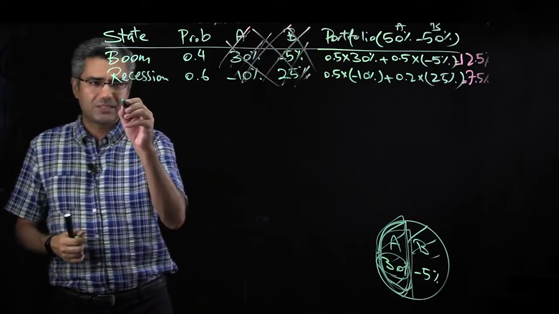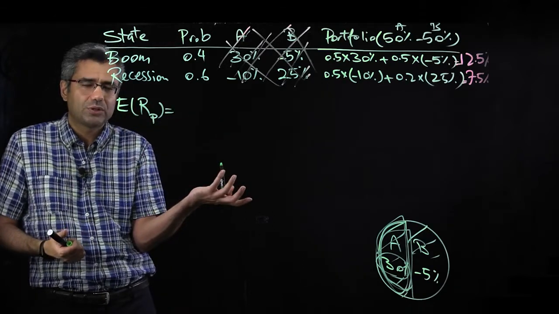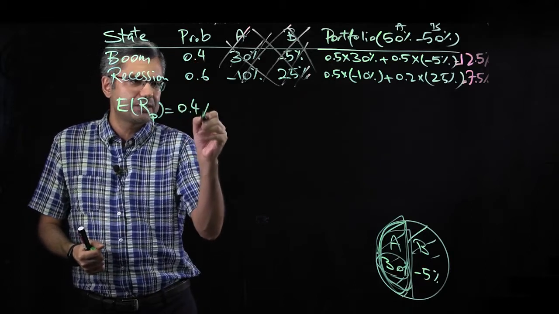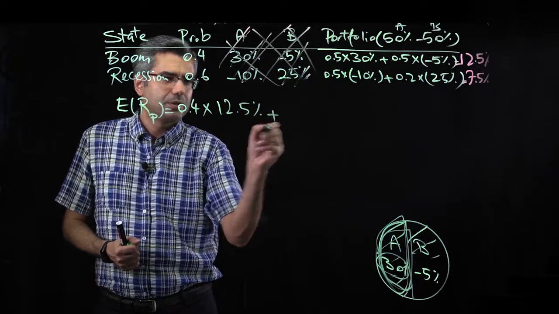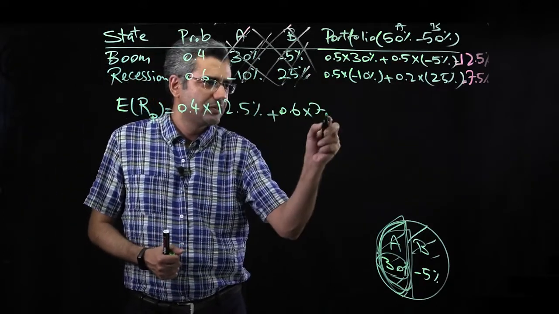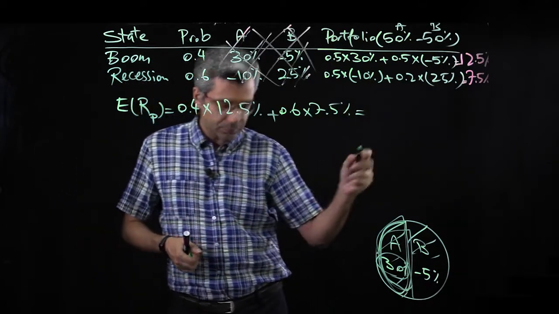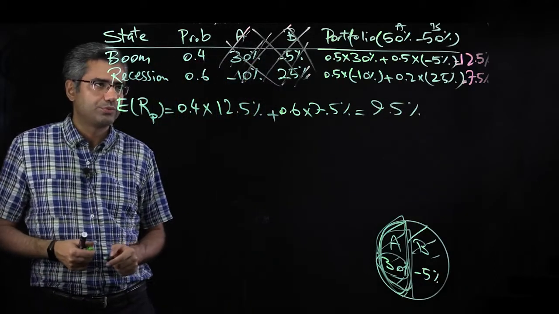So what will be the expected return of the portfolio? Like what you already saw in the previous examples. 40% is the chance to get 12.5% plus 60% is the chance to get 7.5% return. This means that 9.5% is the expected return on the portfolio.